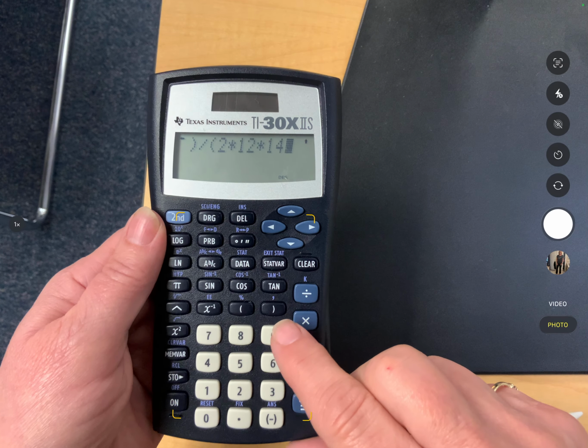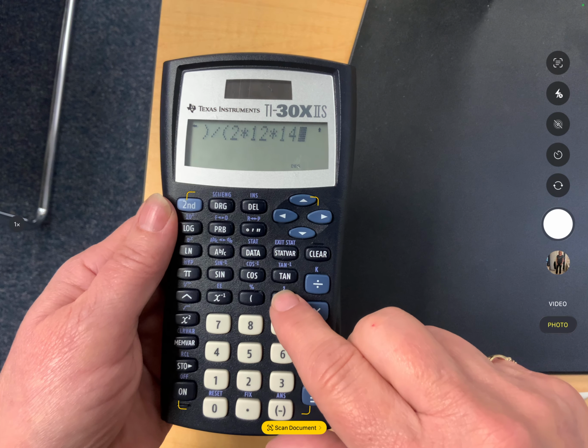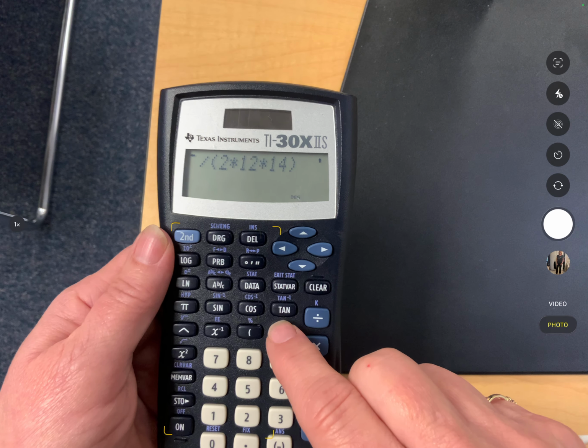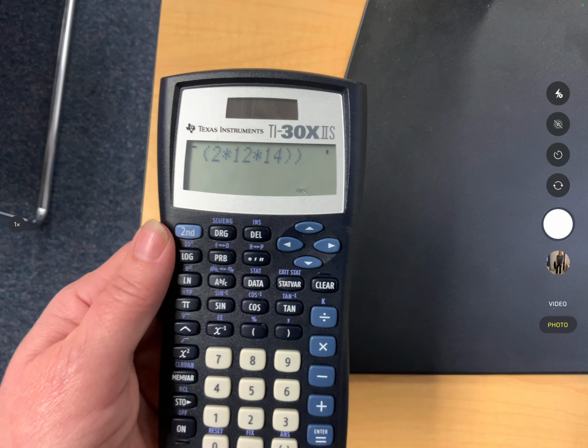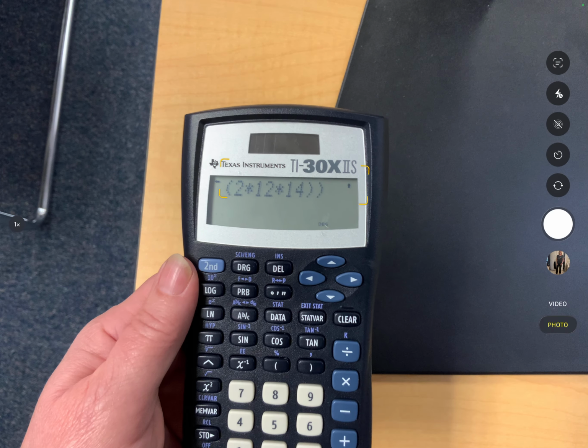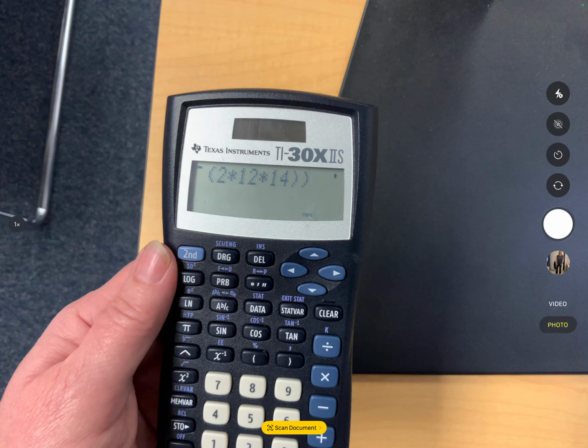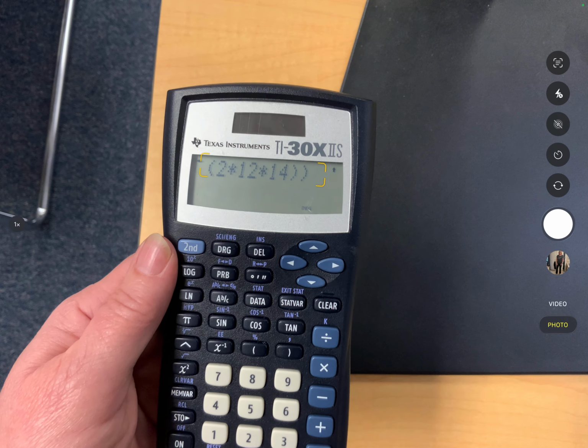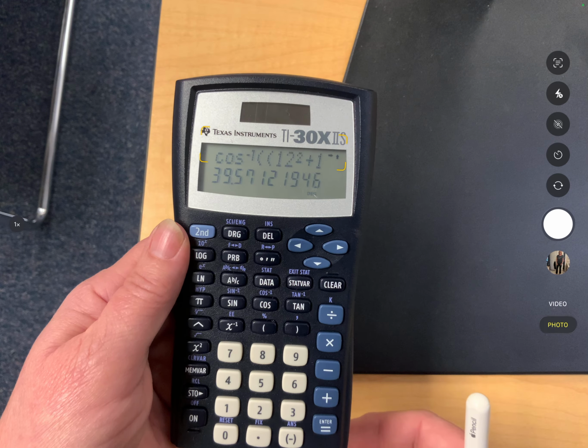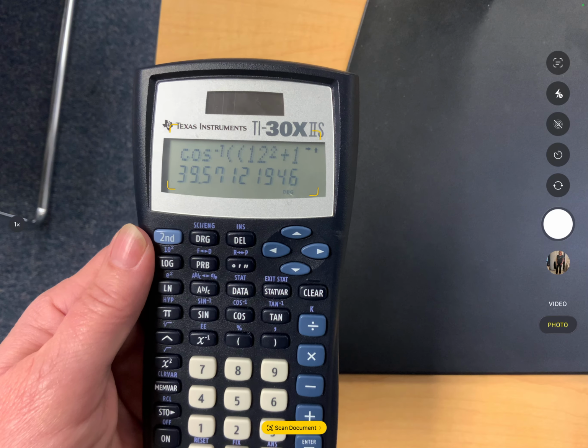So for this one, I want to just go back to the calculator. And I'm going to arrow up, and when I arrow up, it has where I have that inverse cosine. And now I just need to change some things up.